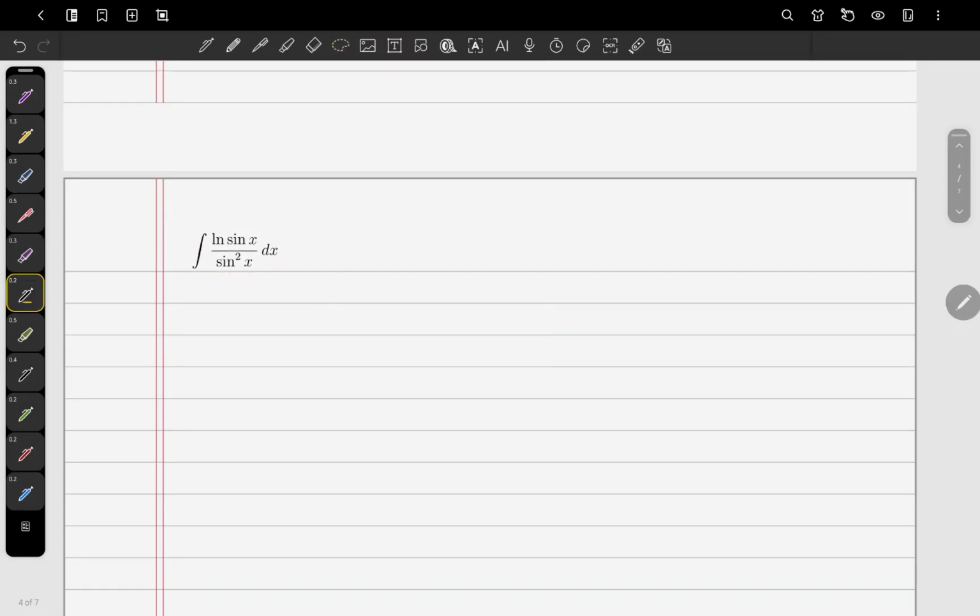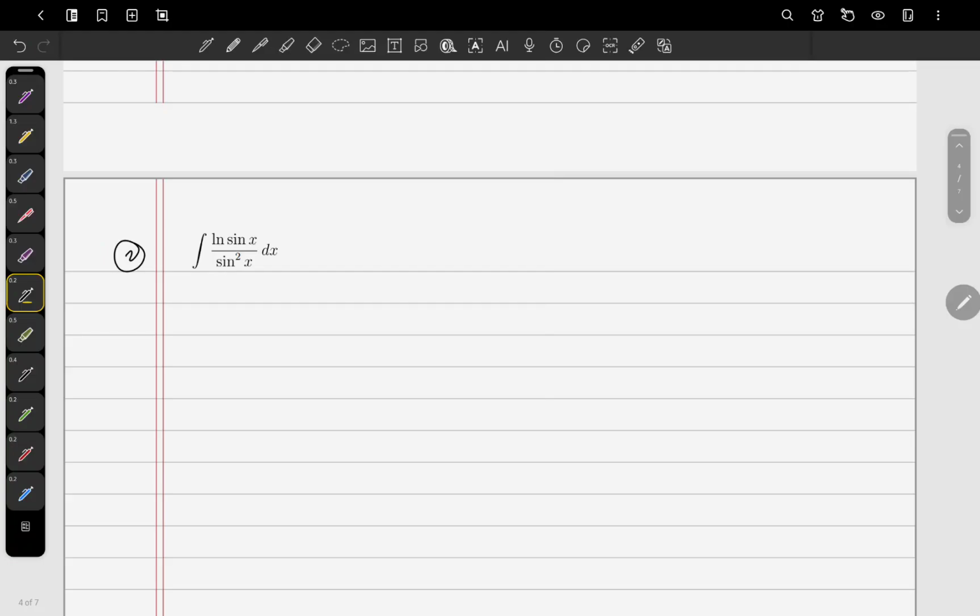Good. So in this second question, we are looking at the integral of natural log of sine x over sine squared x. This is a fraction, and it doesn't look like a normal u substitution will work.